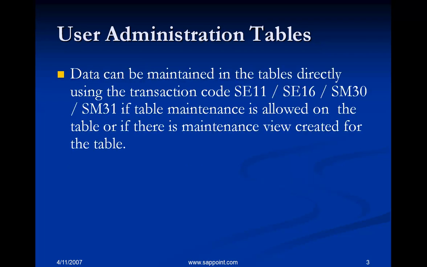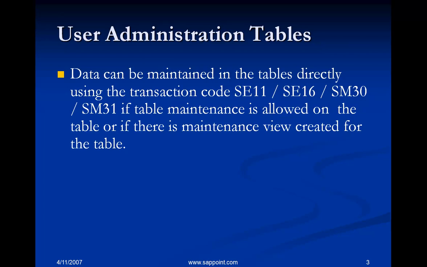Now, data can be maintained in the tables directly by using the transaction codes SE11 or SA16 or SM30 or SM31. Now, you can only do that if the table maintenance is allowed on the table, and you can see this table maintenance, it's a technical setting, in the attributes of the table.